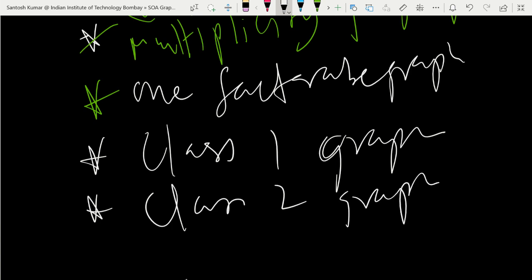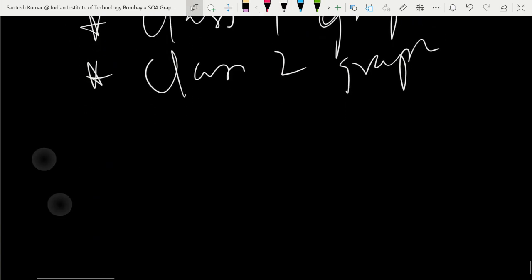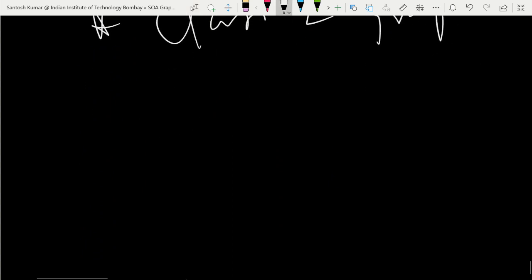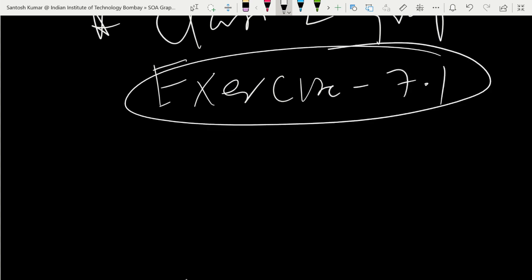So we discussed this in chapter 7, in topic 7.1 actually, so in article 7.1. Now we have exercise 7.1. So based on the above topics, we'll solve problems of exercise 7.1.